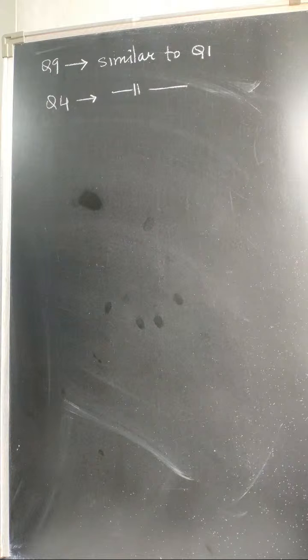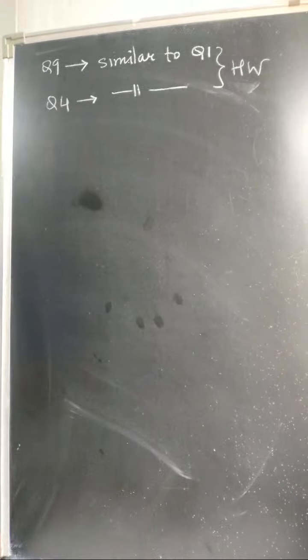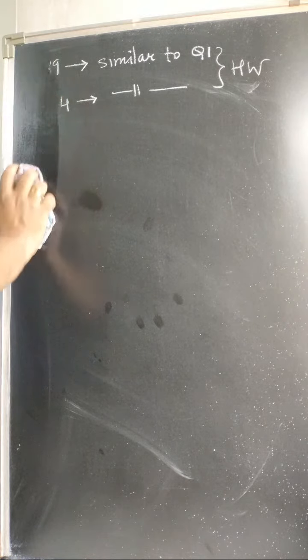So if question number 1 is understood, then question 4 and question 9, both the questions, you will understand as well, and you will say both the questions are homework. Okay? So I'm going to erase this and we are going to start with question 2.